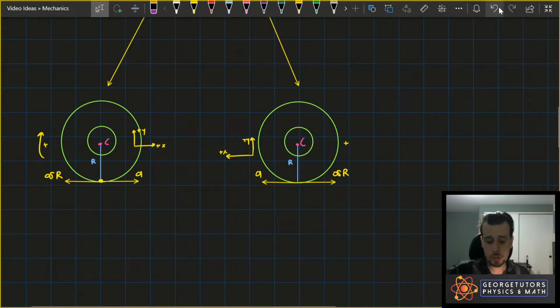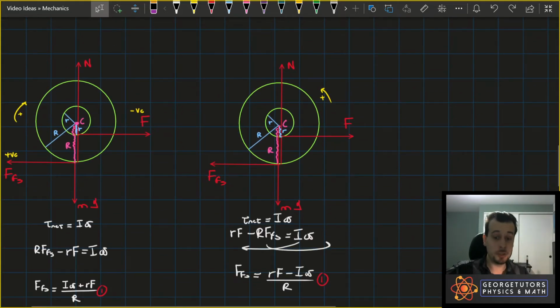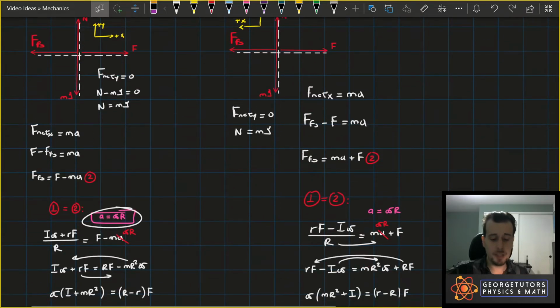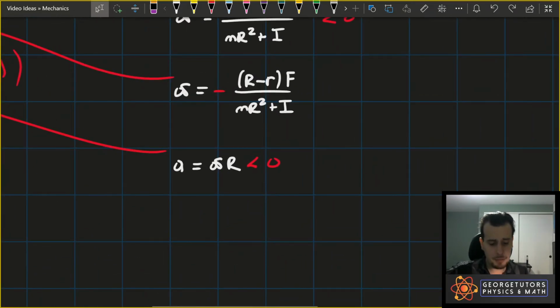So you gotta make sure that your choices here reflect those positives and that you stick to those positives like glue. You don't want to mess these up because you're going to get the wrong answer overall. Not just the wrong sign, but the magnitude is going to be screwed up as well, and you don't want that. For example, you could have here mr squared minus I, and that completely changes the answer, right? So you want to stay consistent with those signs throughout the problem.